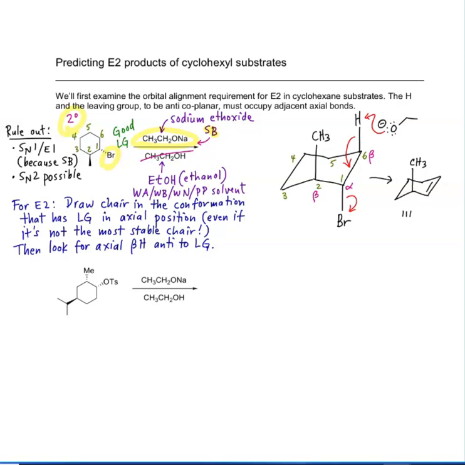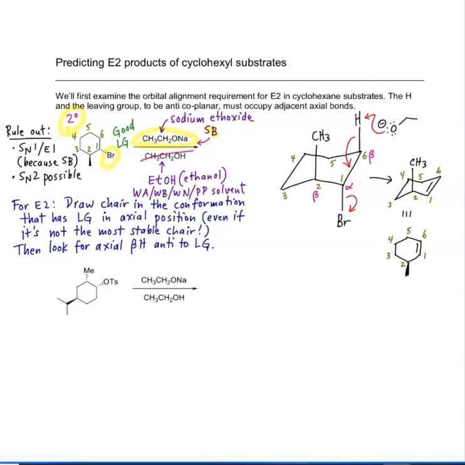And then we can redraw that in the original format. I'm going to continue to put the numbers on here, and then we're just going to translate that back to the skeletal formula. Okay, so for this example, notice that Zaitsev's rule was not followed. That's okay. The orbital alignment requirement is more important.